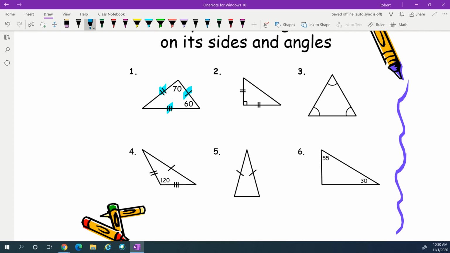That's suggesting to us that they have different measurements, so this is scalene. The next thing I want to do is look at the angles, and they only gave us two, but we can figure out the missing angle because we know that all three angles of a triangle will always add to 180. So that means the missing angle here is 50.